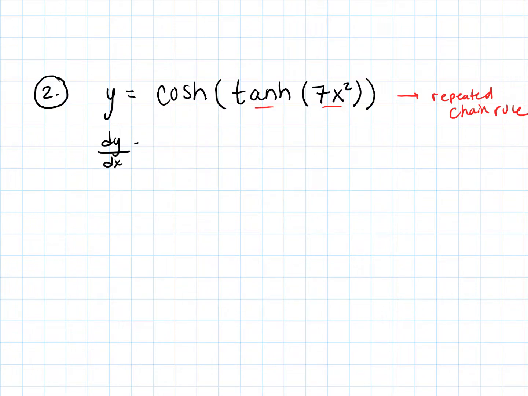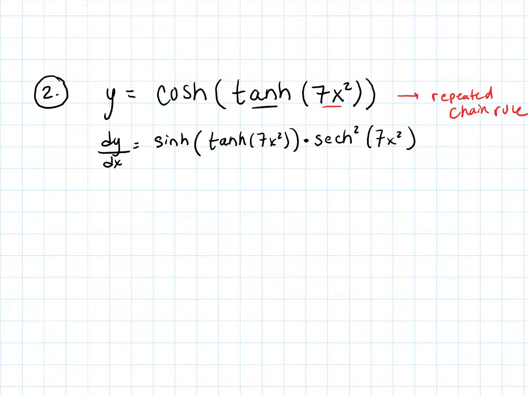So dy dx, the derivative of the outermost function, cosh, is going to be sinh, so hyperbolic sine of hyperbolic tangent of 7x squared. Then we multiply by the derivative of the middle function. The derivative of the hyperbolic tangent is the hyperbolic secant squared of 7x squared. And then we go one layer further and we get 14x.